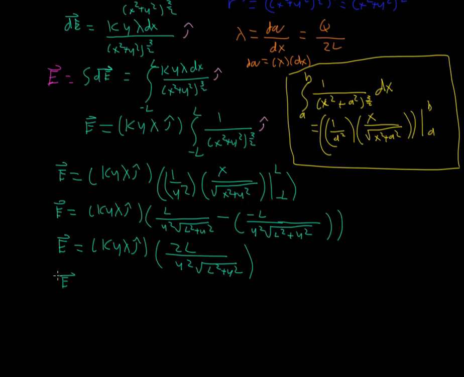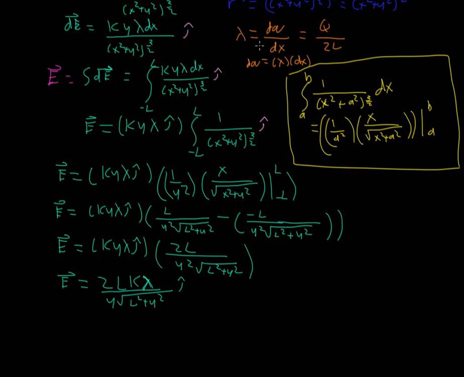Then we get that the electric field is, we'll bring the 2 out front, and then L, k, lambda, and one y cancels, so we're left with L squared plus y squared, and then our j hat vector, which I've just moved over to the right, multiplied by that. And I want to emphasize, this is a lambda.